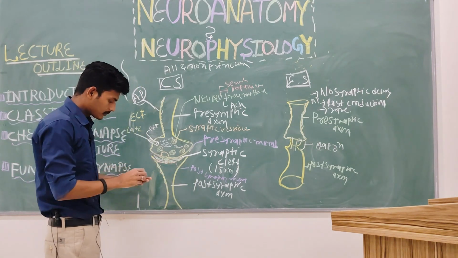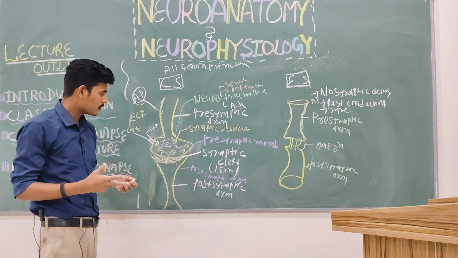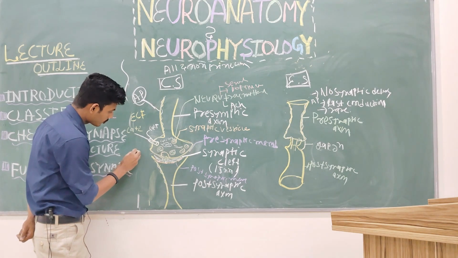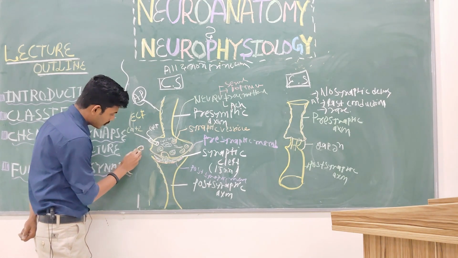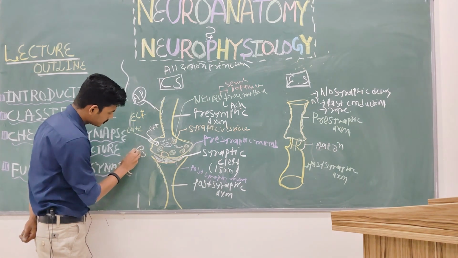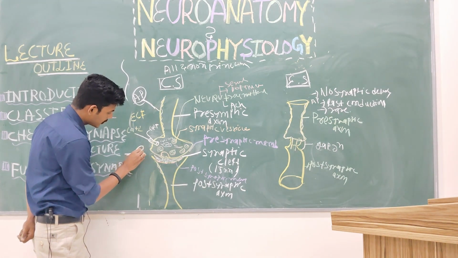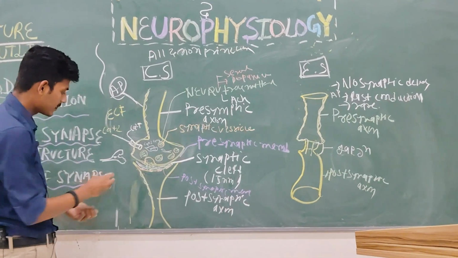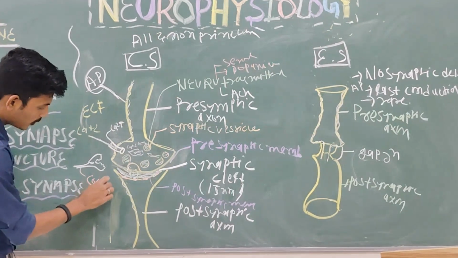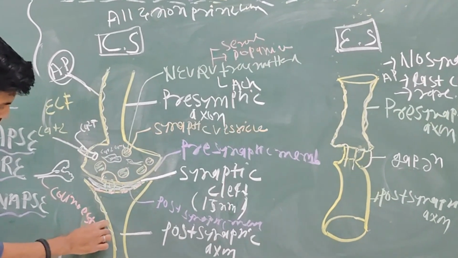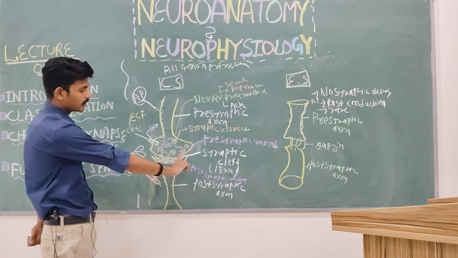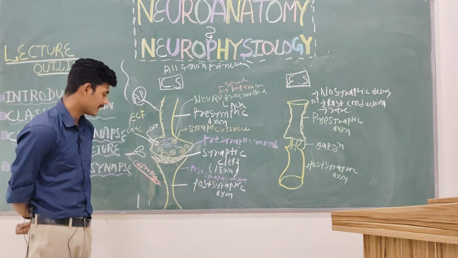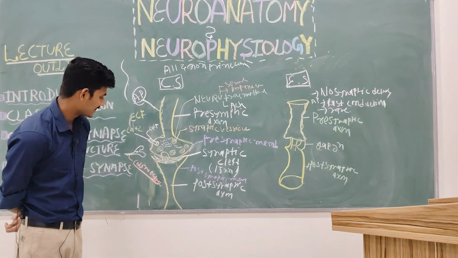And in this area, things do not always go smoothly. There is a presence of one enzyme, a very dangerous enzyme, which breaks the neurotransmitter. Its name is cholinesterase. Acetylcholinesterase breaks down the neurotransmitter acetylcholine.